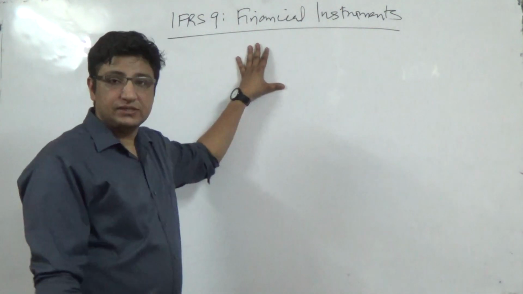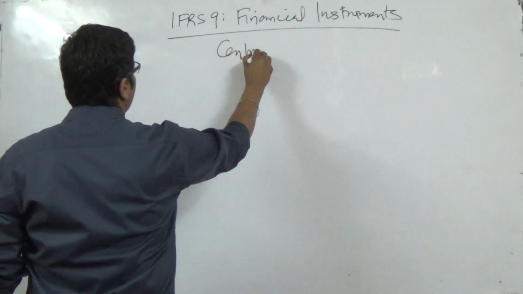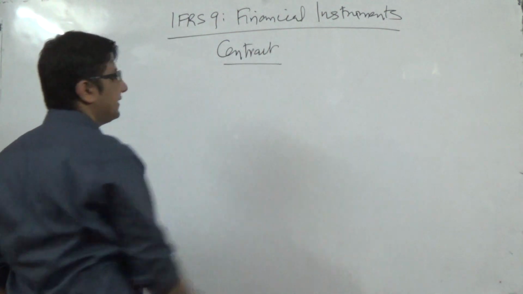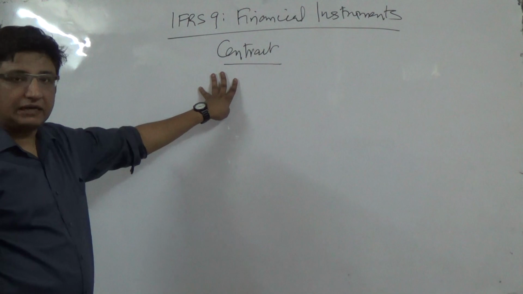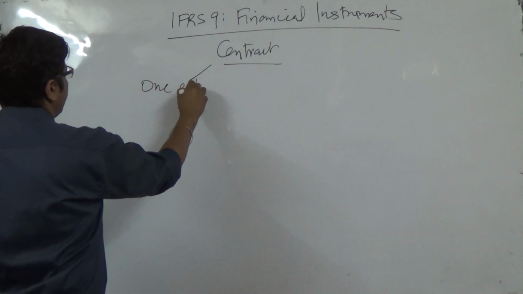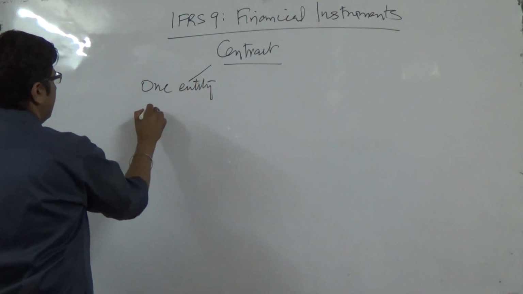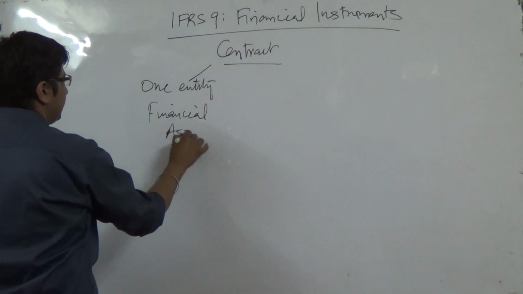So we're going to look at a financial instrument. I define it as a contract. So what we're saying is there are two parties which enter into a contract wherein one entity has a financial asset in its books.